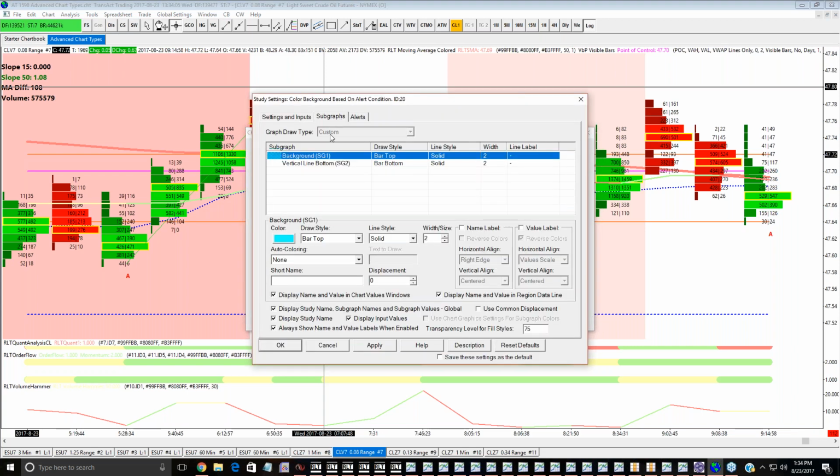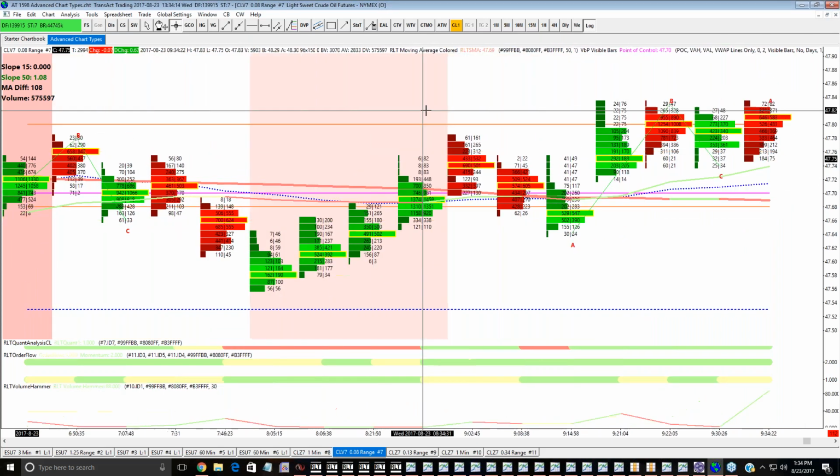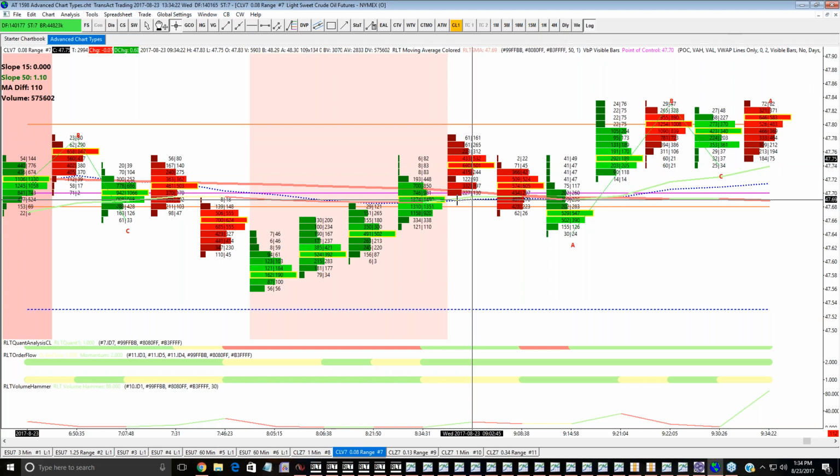I haven't picked a color yet. Oh, here it's cyan. Now you have to add another one with the same code so it will shoot a line through any candle in which there's a bid-ask disparity of greater than 100 to the downside.